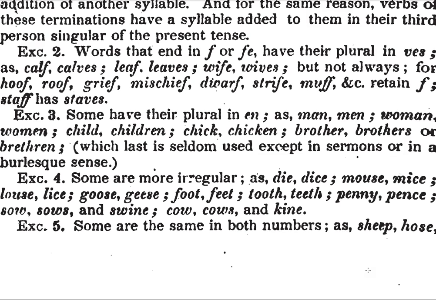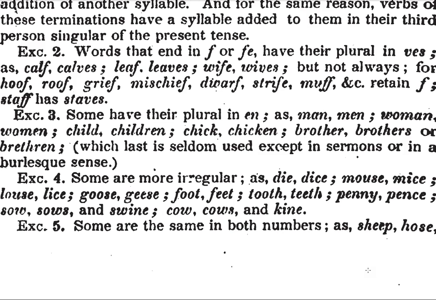Words that end in f or fe have their plural in ves, as in calf, calves, leaf, leaves, wife, wives, but not always. For hoof, roof, grief, mischief, dwarf, strife, muff, etc. retain the letter F, and staff has the irregular staves.